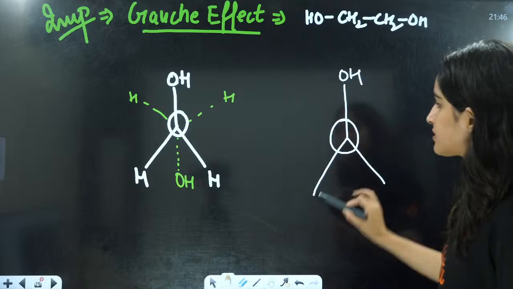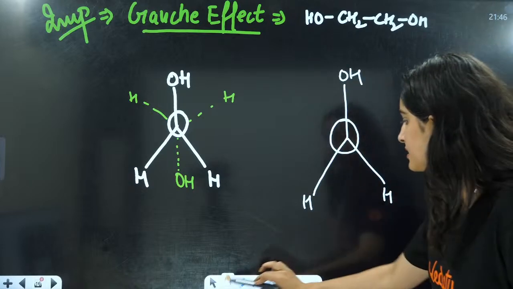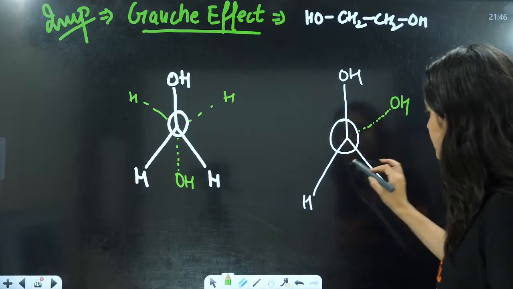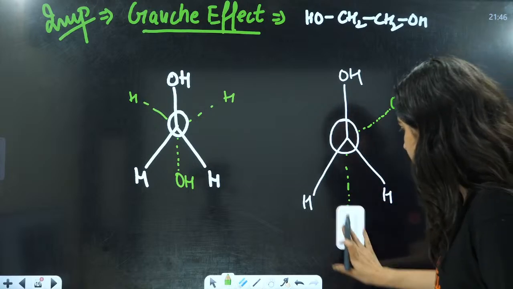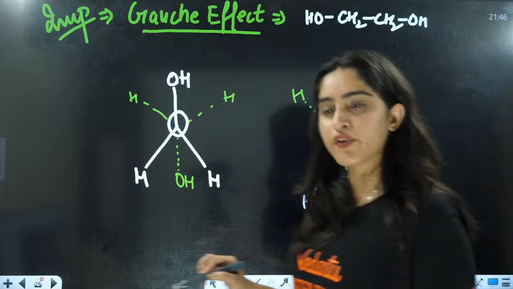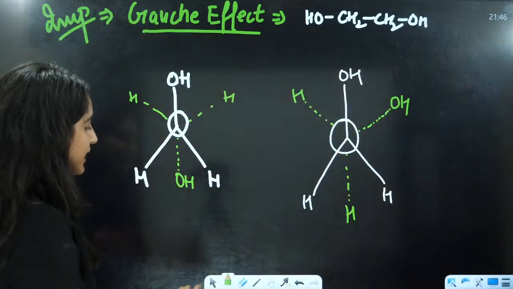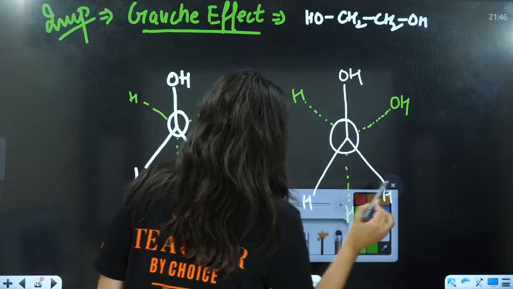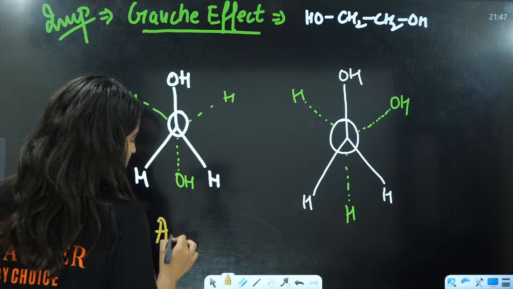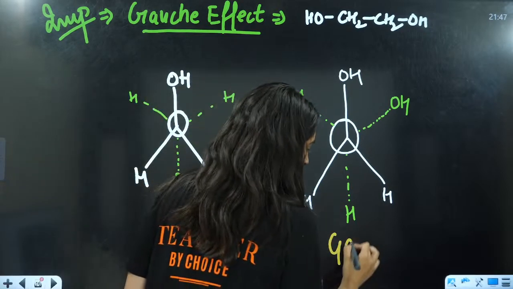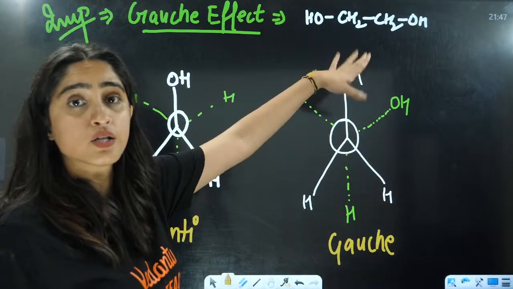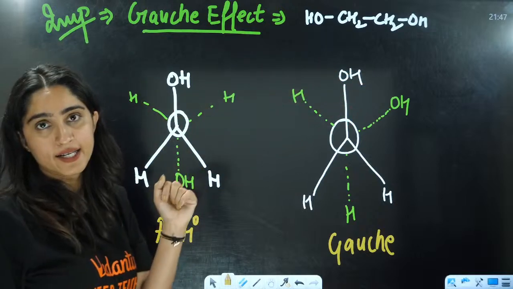This is OH, this is H, this is H. In this case you have the gauche structure, this is the anti structure, and this is the gauche structure. In gauche, the two main groups are at a 60 degree angle; this is at a 180 degree angle.